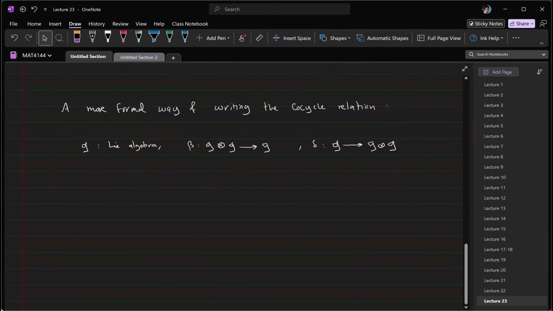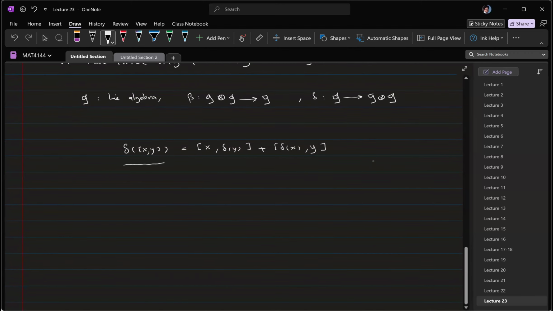Okay, so let me remind you of the cocycle relation, and then we can try to write this in the more general form. So we have this is equal to x delta y plus delta xy. Now, if you want to write the left-hand side, what is happening on the left-hand side? Well, we have G tensor G, and then we apply the bracket, which is beta.